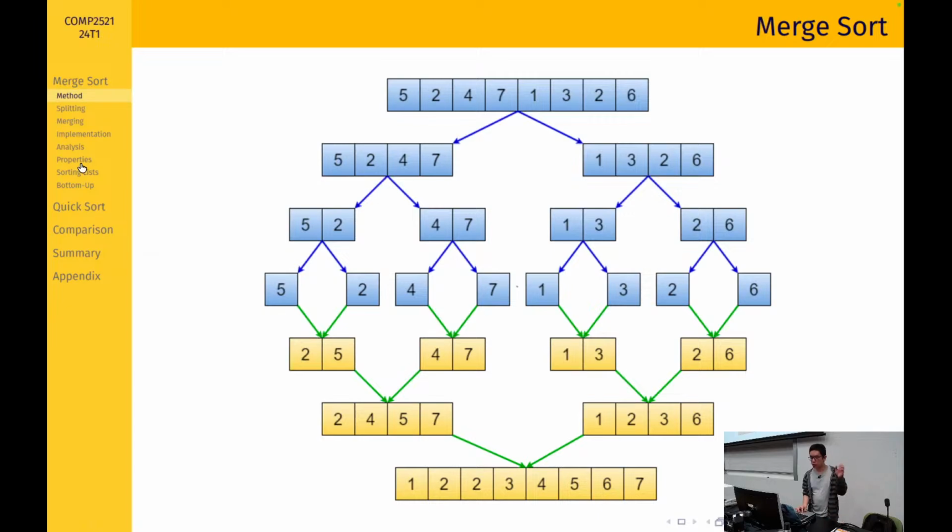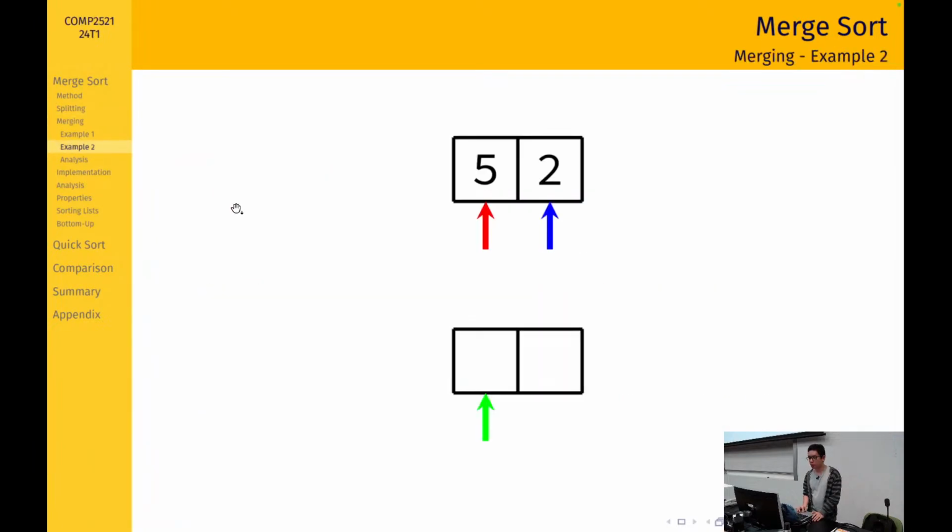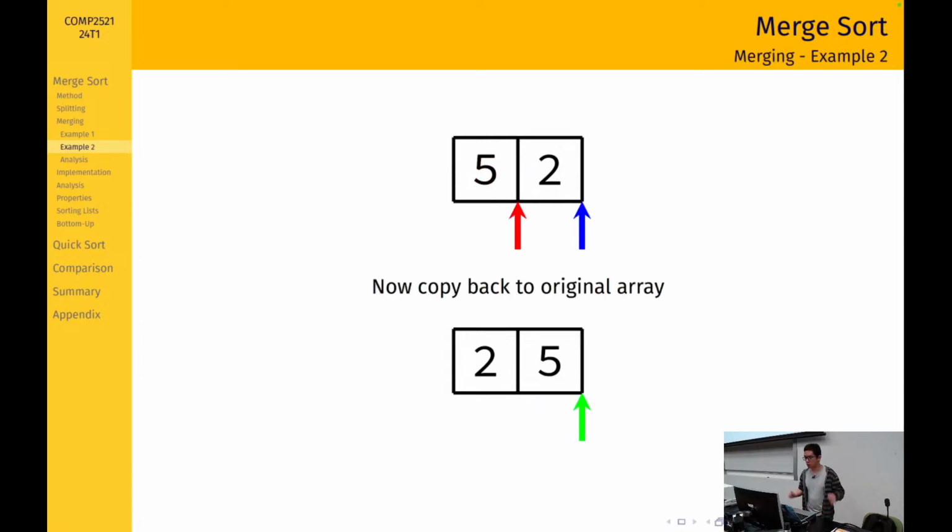So if you have two subarrays of size 1 and you want to merge them, the process is exactly the same. You compare 5 and 2. Since 2 is smaller, you copy that down. Now we've used up all the elements from the right half of the array, so we copy everything from the left half down. Okay. So that's how the merging process works.